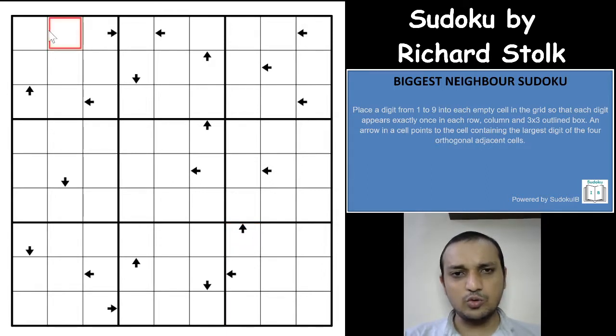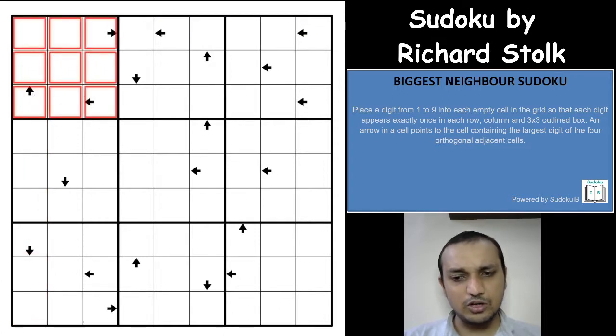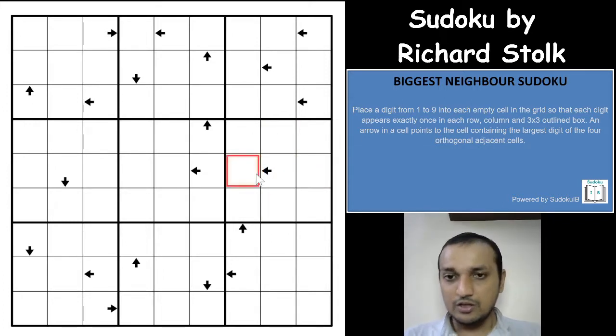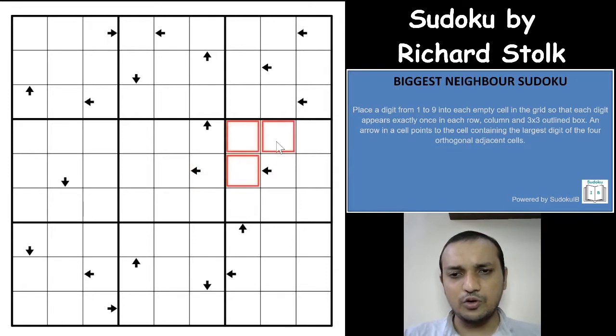Classic Sudoku rules apply, which means numbers in each row, each column, and 3 by 3 box will have digits from 1 to 9 without repetition. Apart from that, some of the cells here have an arrow pointing towards one of the 4 orthogonal directions. It means it is pointing to the biggest digit among those 4 orthogonal neighbours.